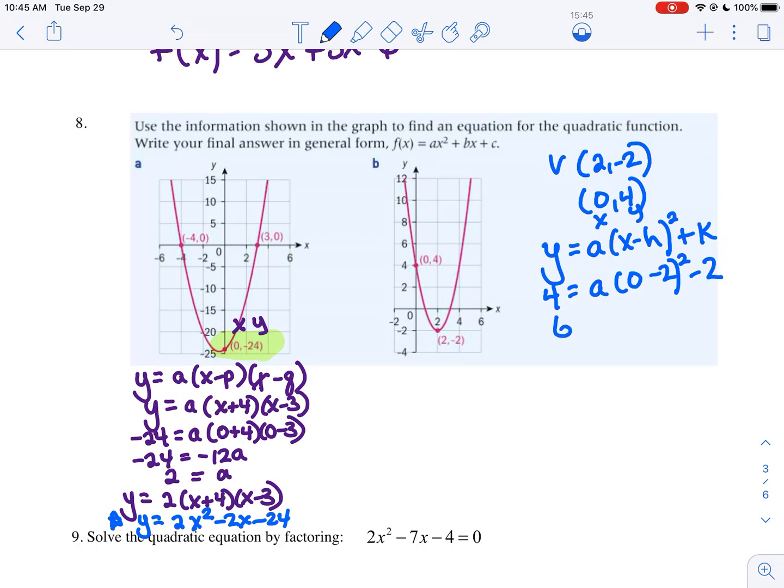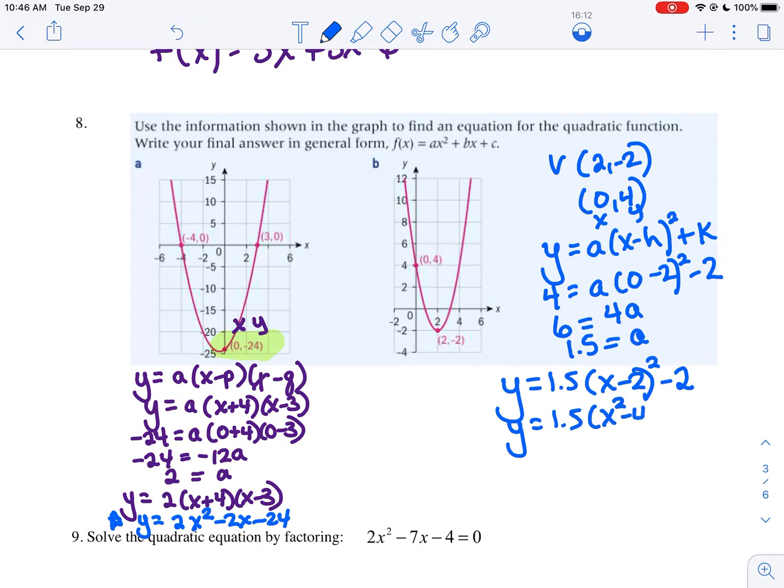If I add 2 to both sides, I would get 6, and then negative 2 squared is 4. So a is 3/2 or 1.5, okay? So now I've got y equals 1.5 times x minus 2 squared minus 2. All right, so this one's going to be a little bit of a challenge here.